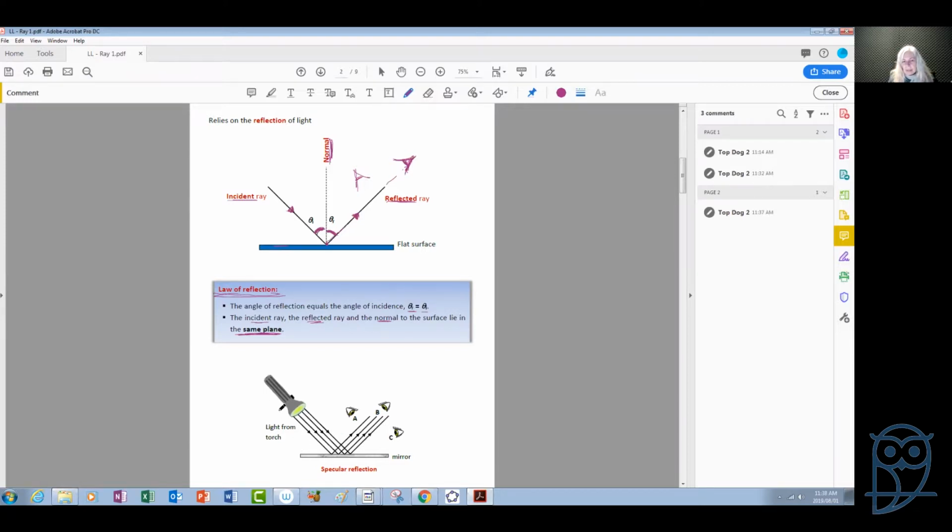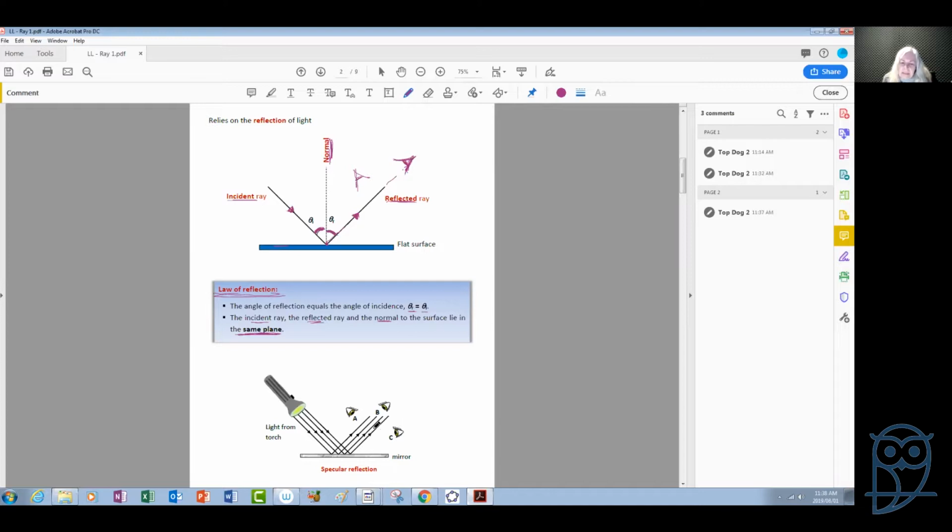To make this point more vivid, because it's a very important point, here we have a beam of light shown from a torch, for example, falling on this flat surface, which is a mirror. And because this is such a flat surface, all the reflected rays are parallel to one another.